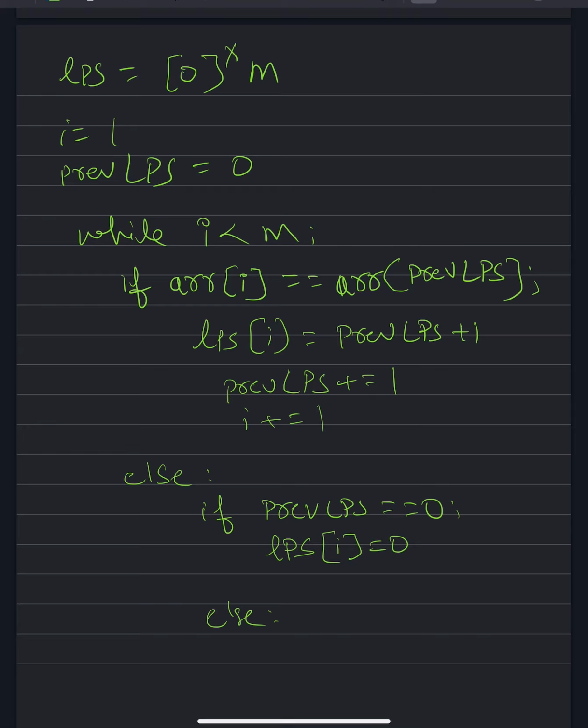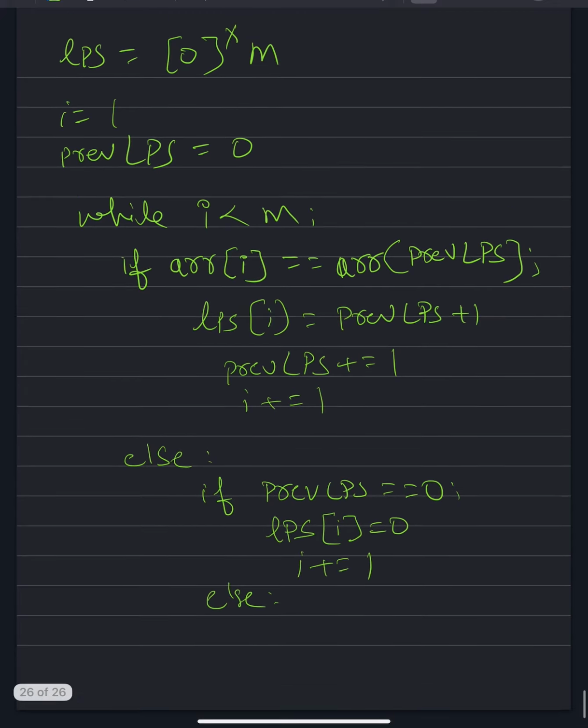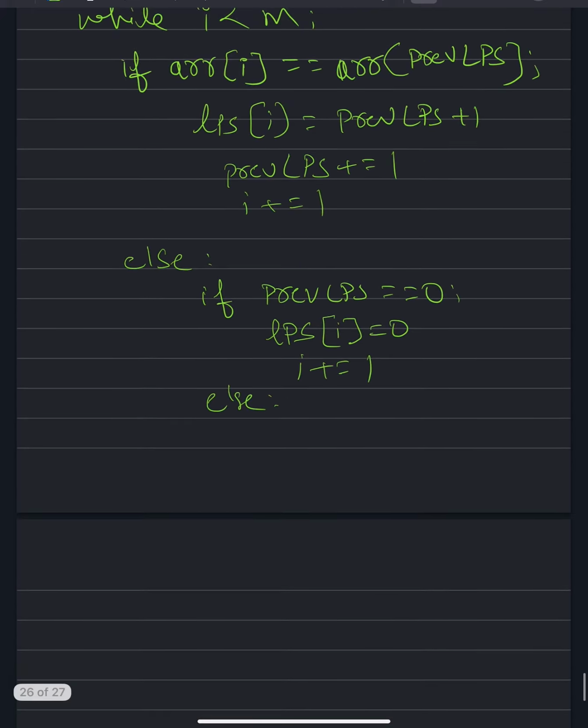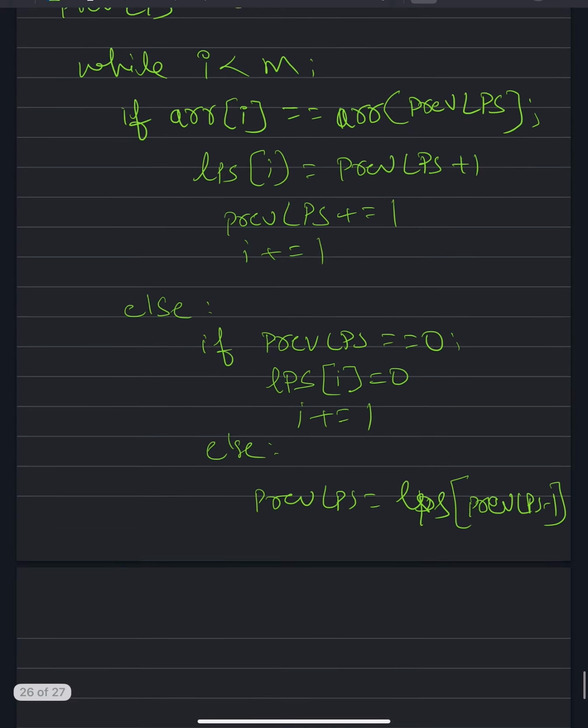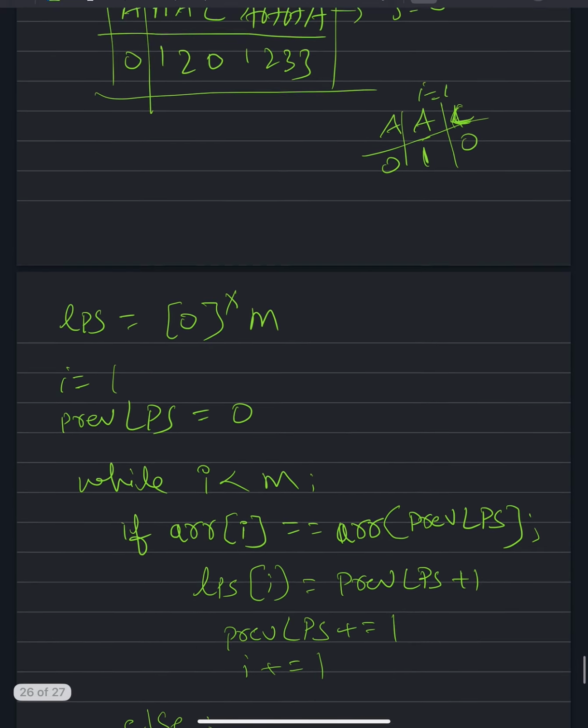Okay, and then i less equal to 1. Else, in the else case, previous LPS equal to LPS of previous LPS minus 1. Okay, now I will explain what's going on here.